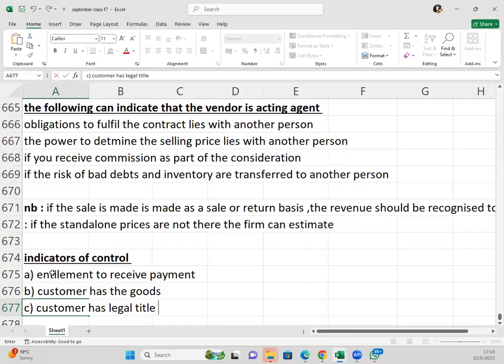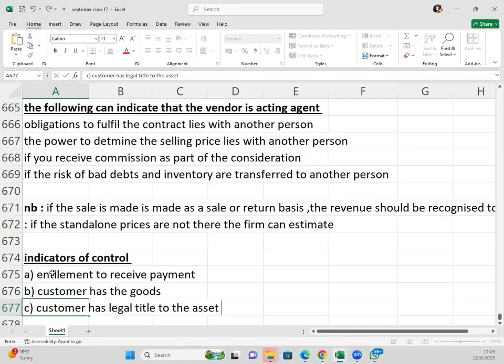Maybe we have given them the title deeds. So in those cases, we can now say control has been passed.